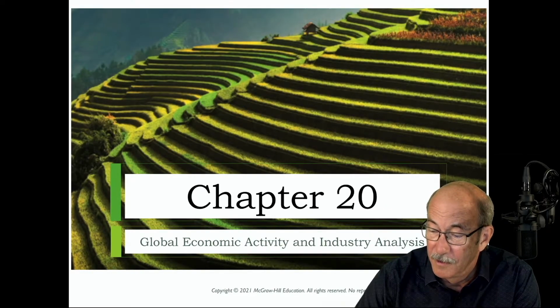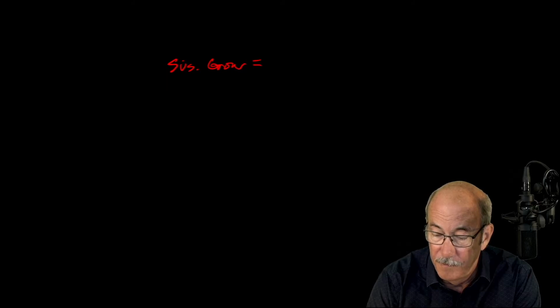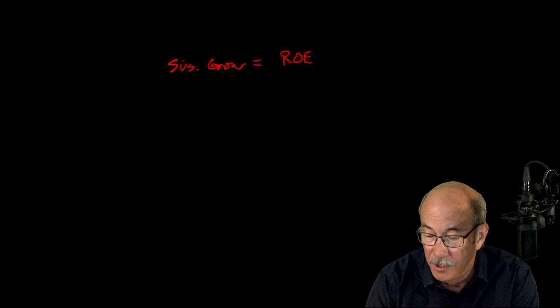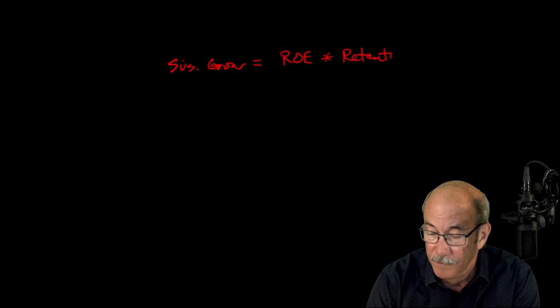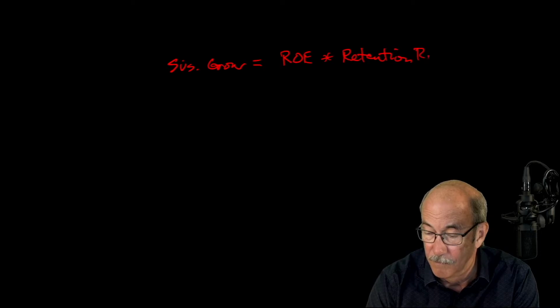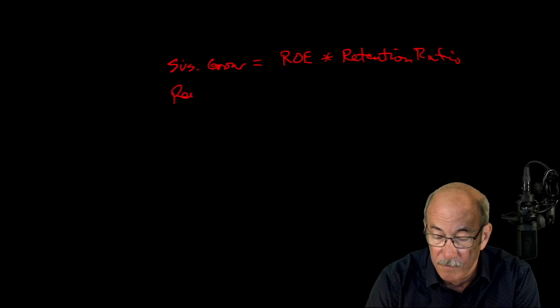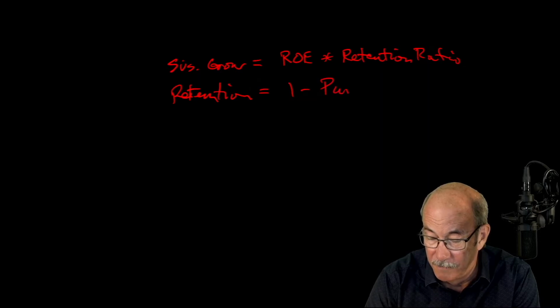So sustainable growth is equal to the ROE, return on equity, times the retention ratio. Now, the retention ratio is 1 minus the payout ratio.